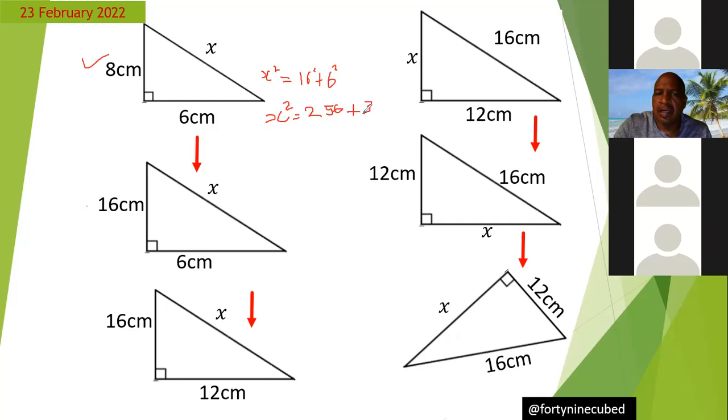All right, so x squared is equal to 292, and so x will be equal to the square root of 292. What do you get? I have 17. So x is equal to 17.